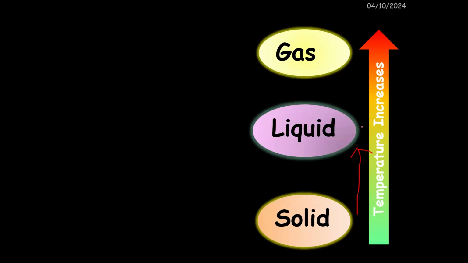If we continue heating, liquid particles will gain more energy, will move more and more rapidly and more freely, and more spaces will be formed, and then the liquid will evaporate and will form a gas state.